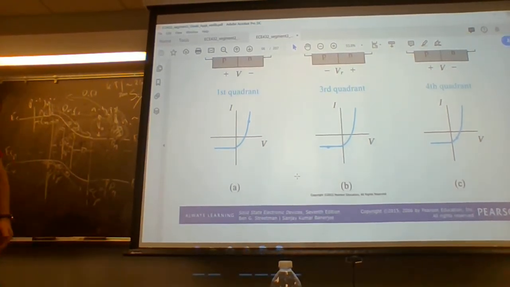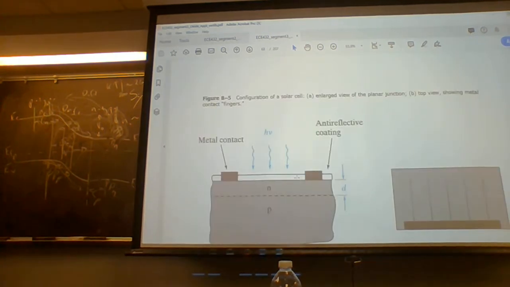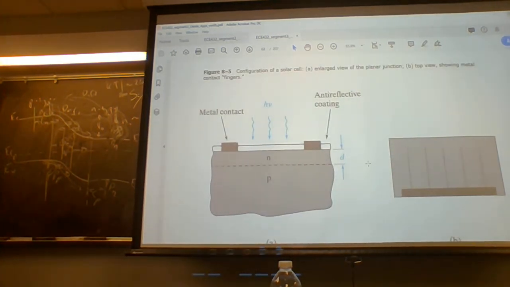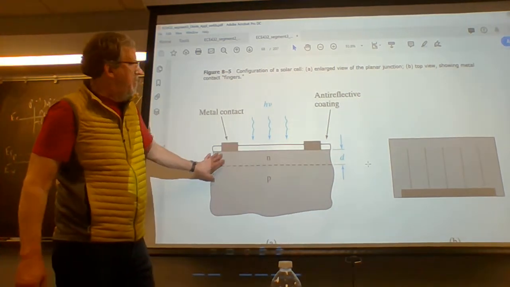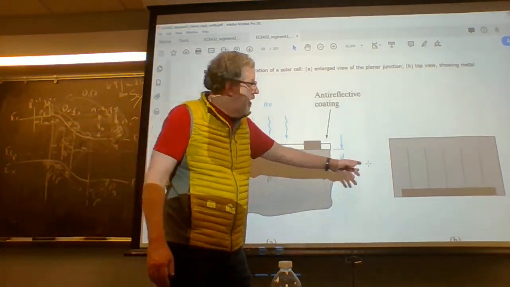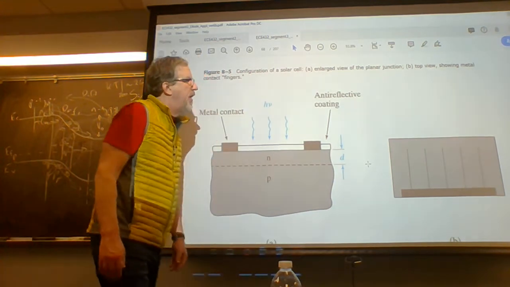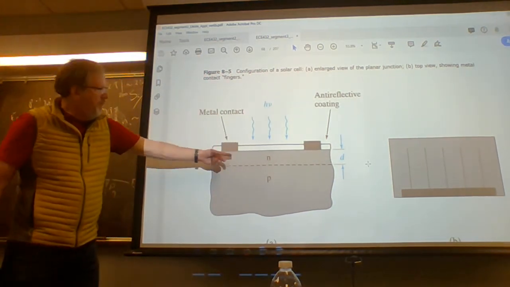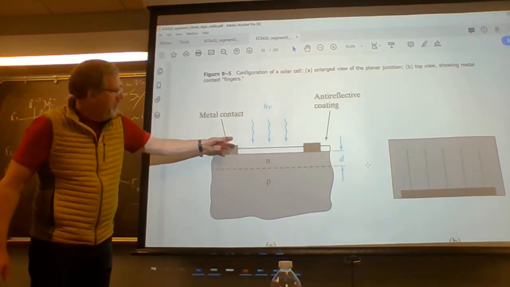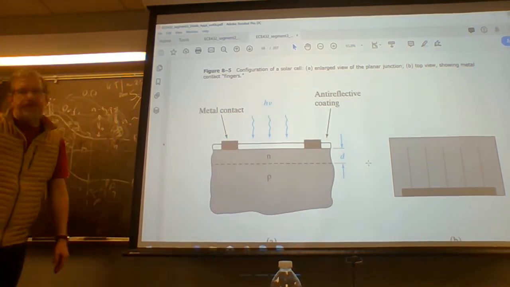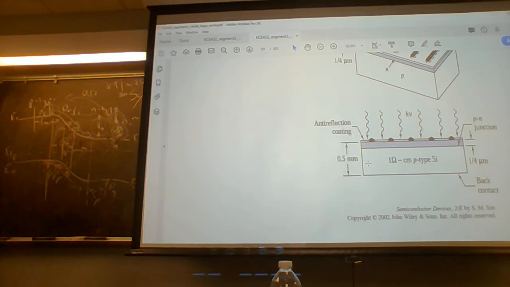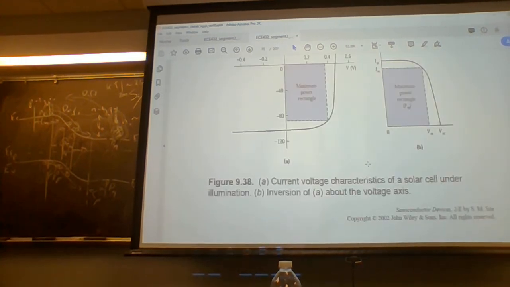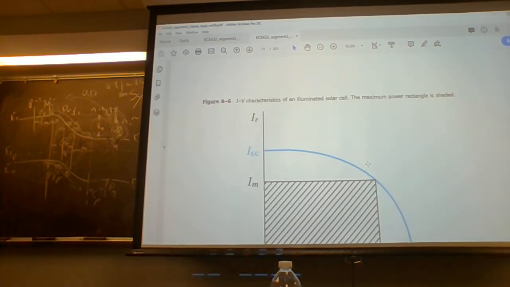So this is one of the ones we make in the second half of next semester, a silicon solar cell with the screen printed electrodes like that. And you'll do a diffusion to make a PN junction. Yeah, so it's pretty much like that. And you look at the maximum power.